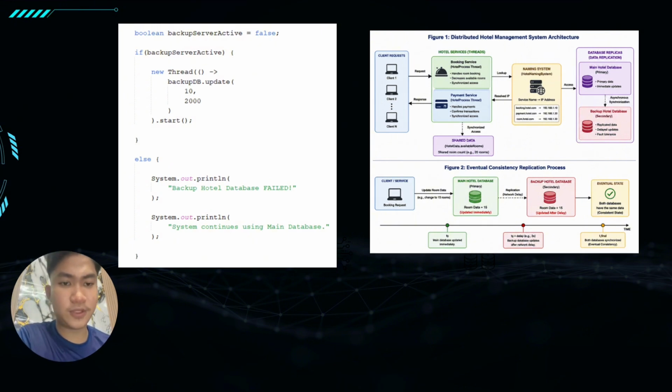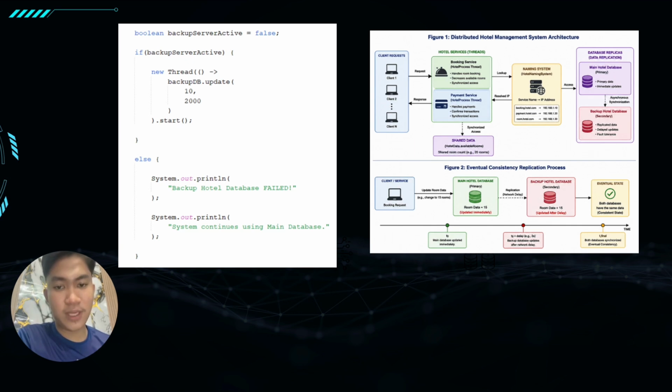This distributed hotel management system consists of a hotel booking service, a naming system, and a replicated database. Client requests are processed through separate booking and payment threads to handle multiple operations at the same time. The naming system resolves service addresses for communication, while data is synchronized between the main and backup database.